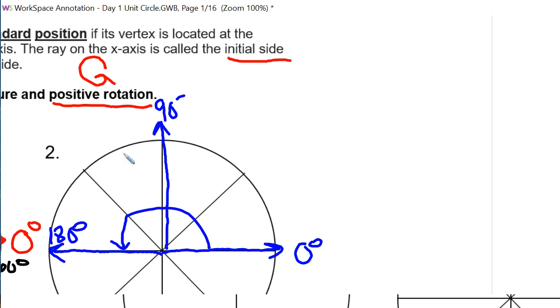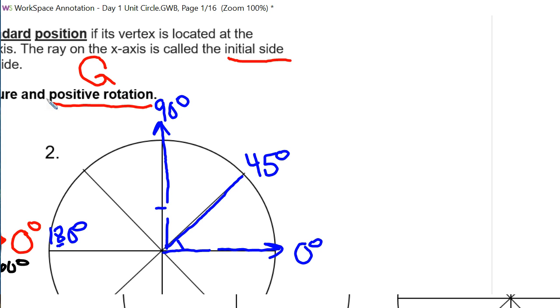And this one, I'm getting too many lines here. This one is halfway, so what's half of 90? 45 degrees. So this circle, each one of these is a 45-degree angle. So 45 plus 45 gets us to 90.